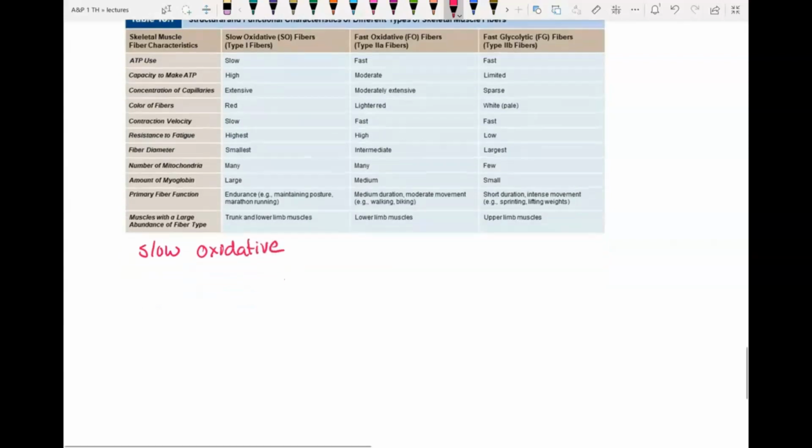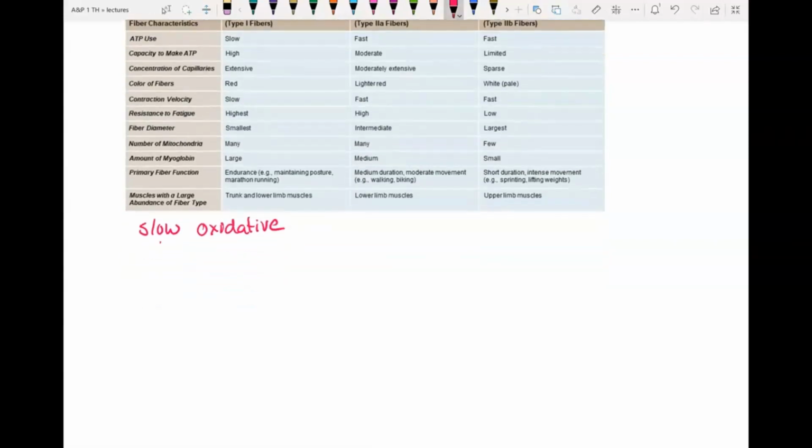If you break the name down, slow, they're slow to get going on their ATP production. These are not the quick burst of energy. These take a little bit of a lag time. And oxidative means they use lots of oxygen.